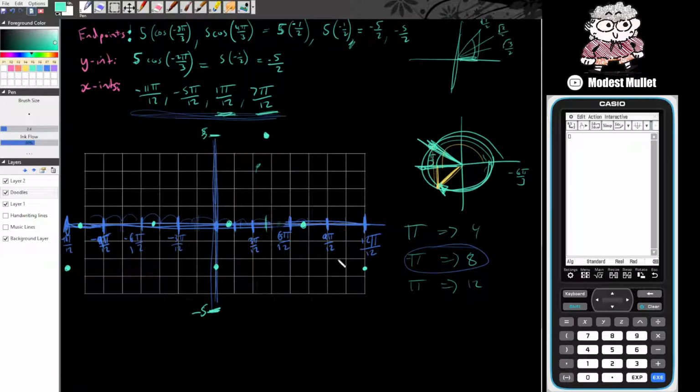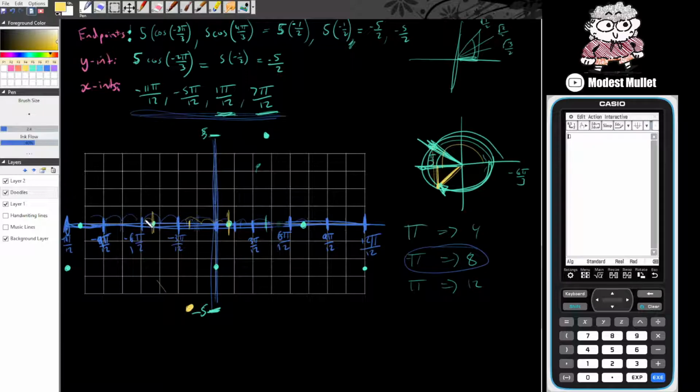And that same pattern's going to repeat. The min will be halfway between that one there and that one there. Same thing, there's 6 pi on 12 between them. So we need to go 3 pi on 12, there's 1, there's 2, there's 3, out there. So there's that min.